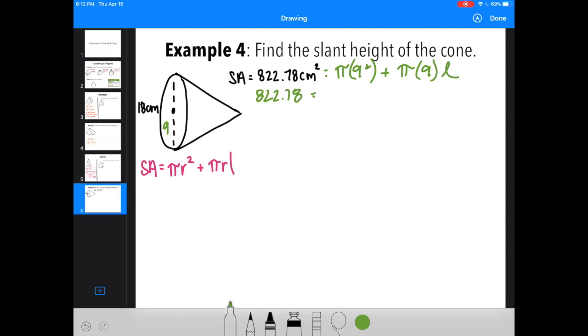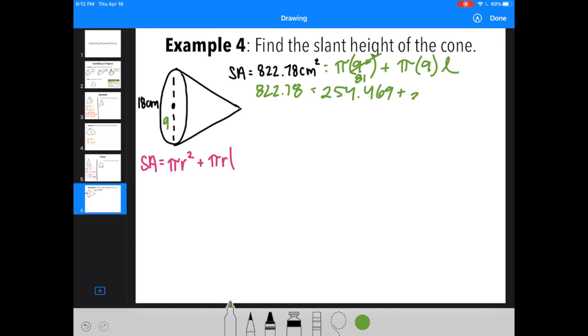All right. Rewrite this. 9 squared is 81. 81 times pi, let me type it in my calculator, is 254.469, plus 9 times pi is 28.274 and some change.